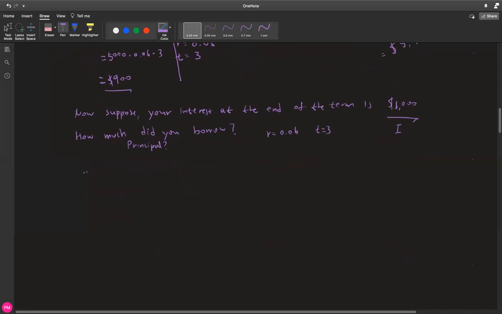So let's use the simple interest formula again, I = PRT. So we know here that I equals 1,000, R equals 0.06, and T equals 3. So before we do anything, let's plug in everything that we know. So then we will have 1,000 equals, for some P that we don't know, P times 0.06 multiplied by 3.